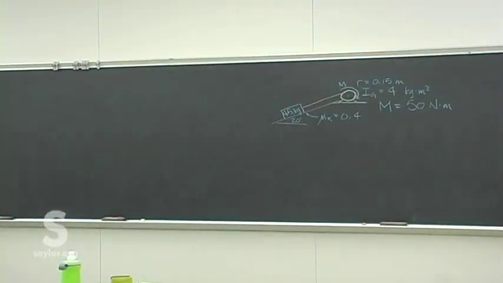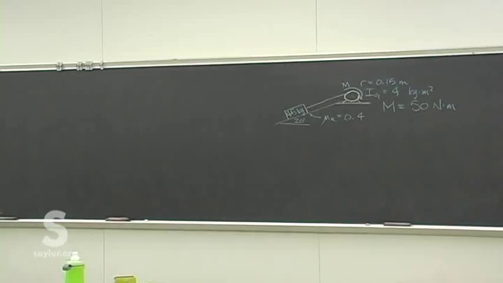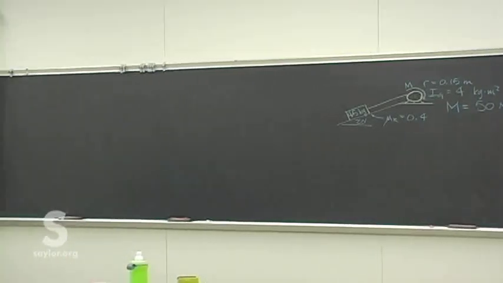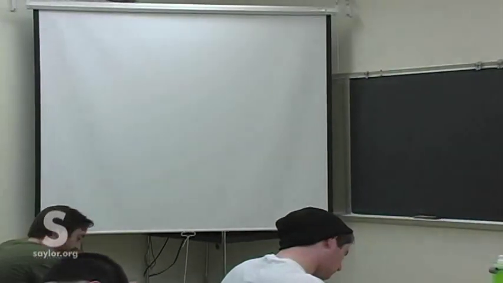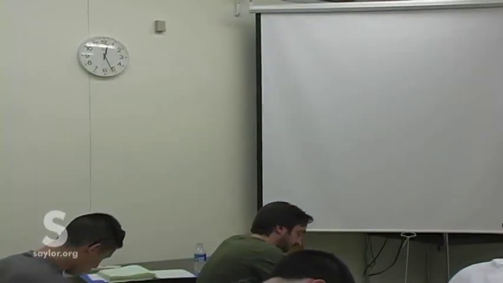So, free body diagram. The kinetic diagram is pretty simple in some of these problems. It might not be worth it. It could be worth it in more complex problems. Okay, so set up the free body diagram, set up the equations.